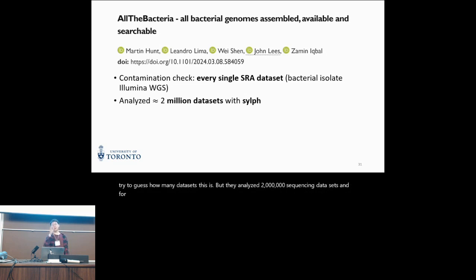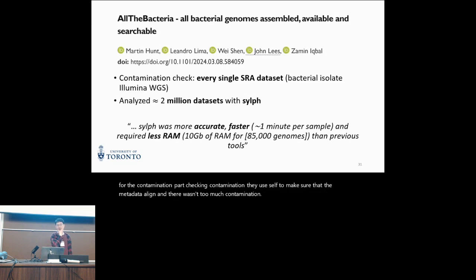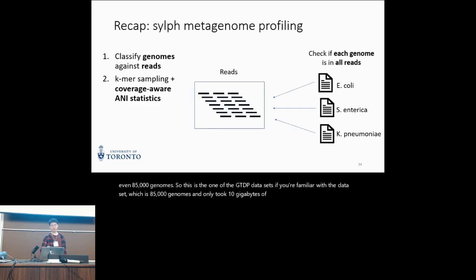And for checking contamination, they used sylph to make sure that the metadata aligned and there wasn't too much contamination. They found that sylph was accurate, faster, and required less RAM than previous tools, even for 85,000 genomes. This is one of the GTDB data sets, if you're familiar with it, which is 85,000 genomes and only took 10 gigabytes of RAM.